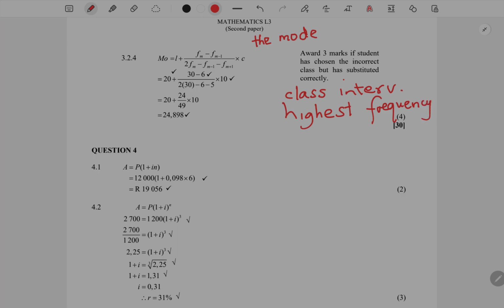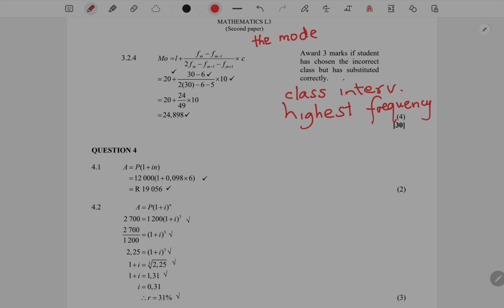That is where we are going to get the mode. The mode is given as Mo is equal to L plus (Fm minus Fm minus 1) over (2Fm minus Fm minus 1 minus Fm plus 1), times C.